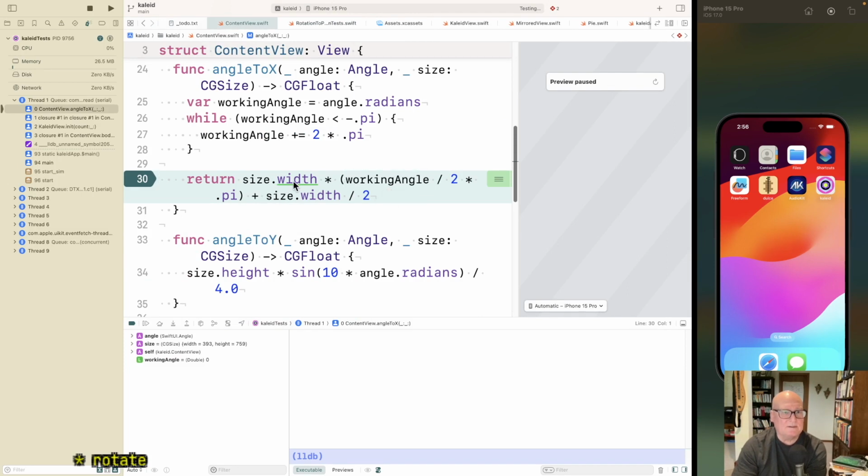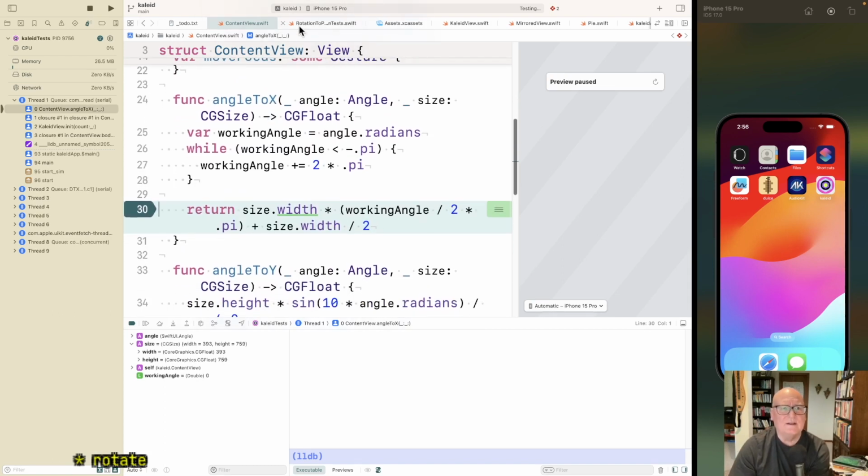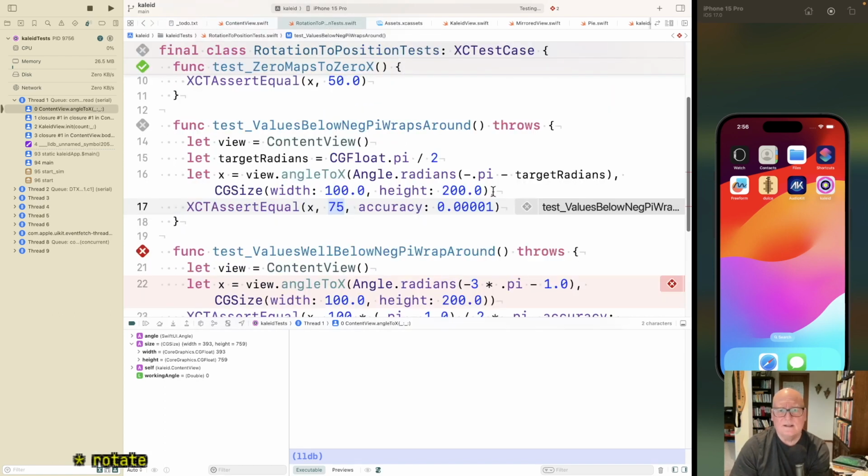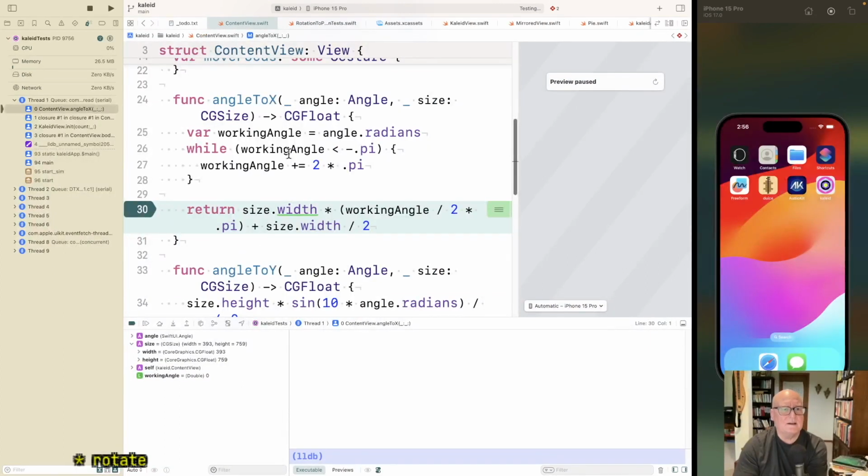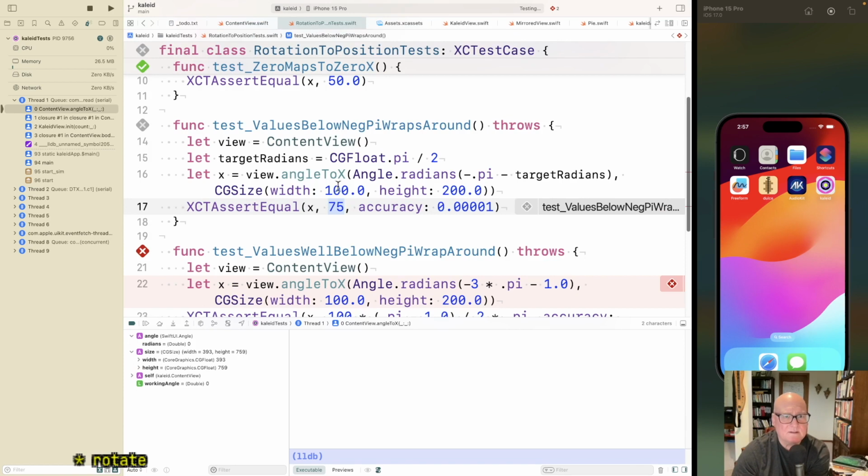Size dot width. Wait a minute. Size. I passed in a size. Angle is 0. Am I on the right test?